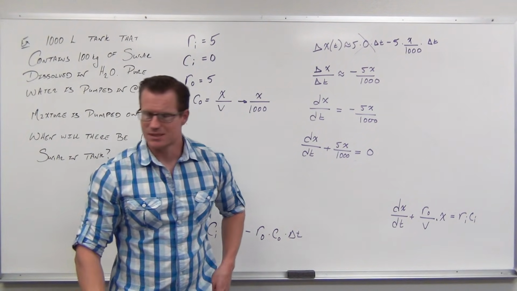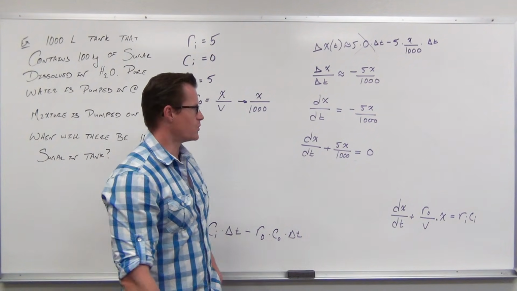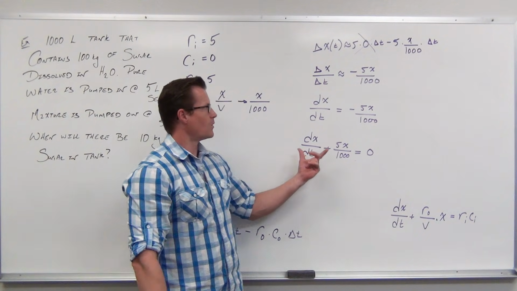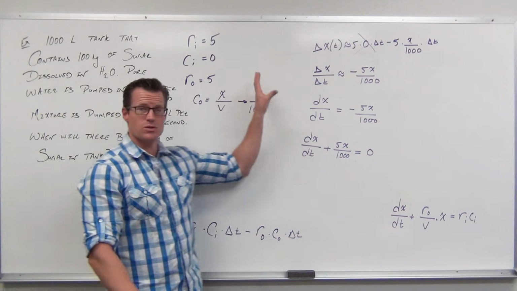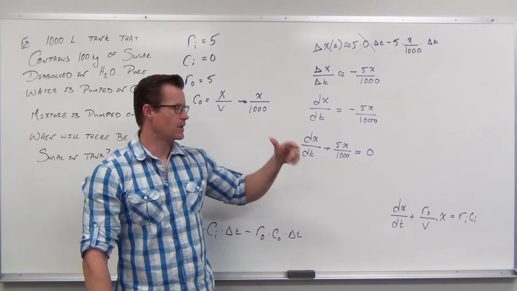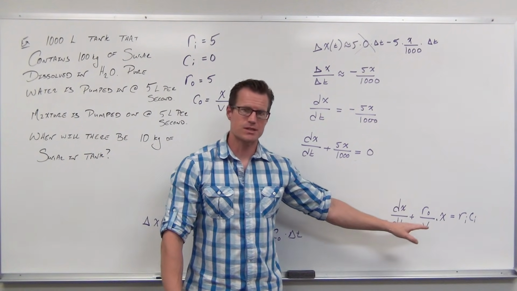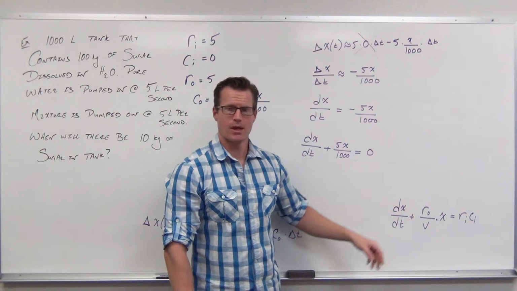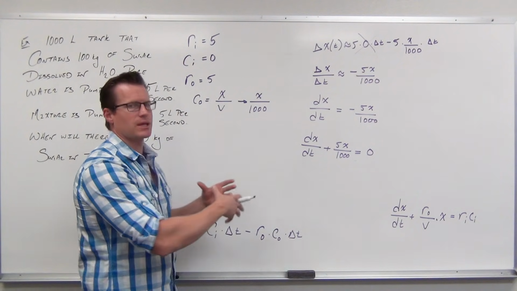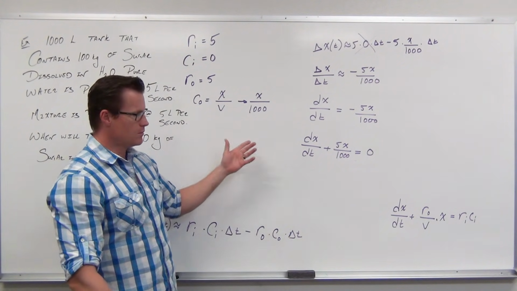The only reason I did this, and I'm not going to really do it after this, is to show you that what you get from using your logic of in, out, and x over V is exactly what most textbooks would give you as a formula and say, just use this. Why? Because we know how to deal with Calc 1.